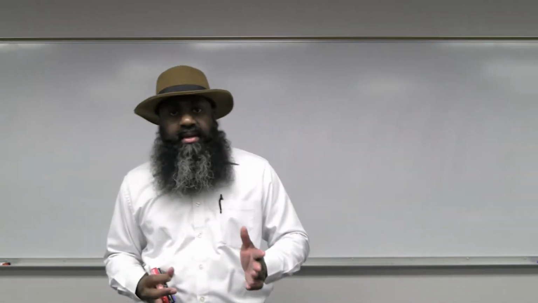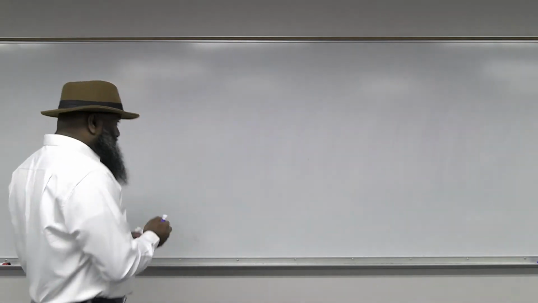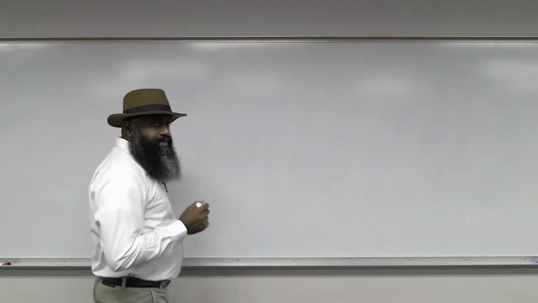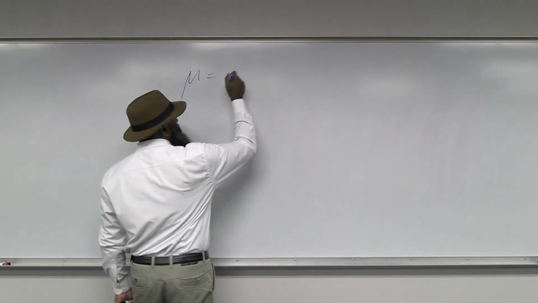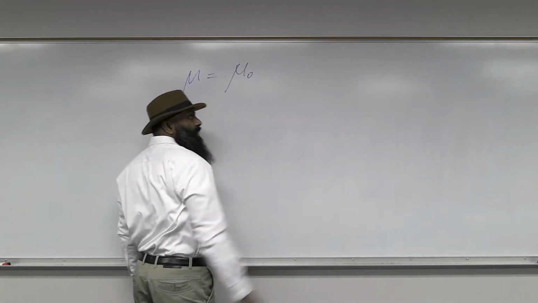Now, to test those things, to decide which statement is correct, I'm going to need an equation. So how can I write down an equation? I need certain assumptions. In general, I will assume that the true population mean mu is equal to a value mu 0.